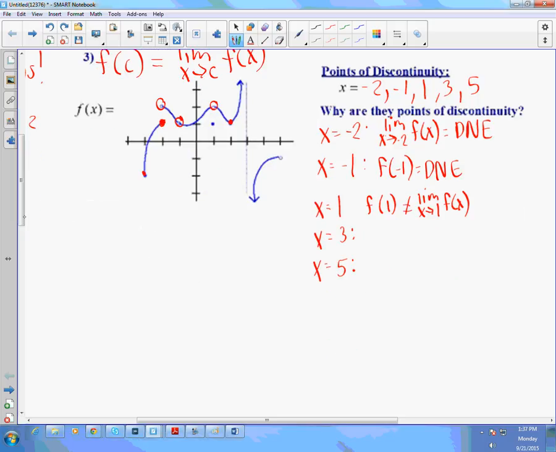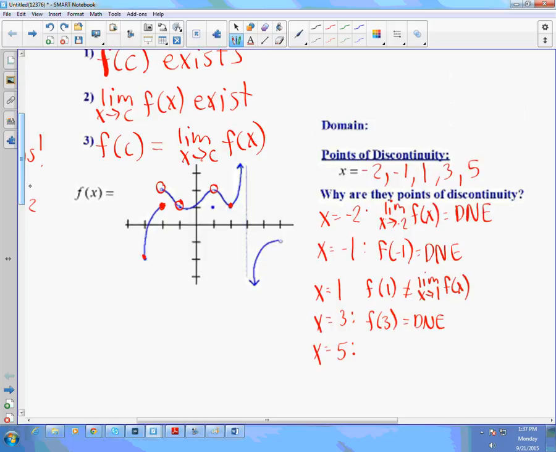So f of 3 does not exist, right? And it even fails the second one, doesn't it? Does the limit as x approaches 3 exist? On the left, where's the limit going? Infinity. On the right, where's the limit going? Negative infinity. So the limit doesn't exist, so it fails both of those.